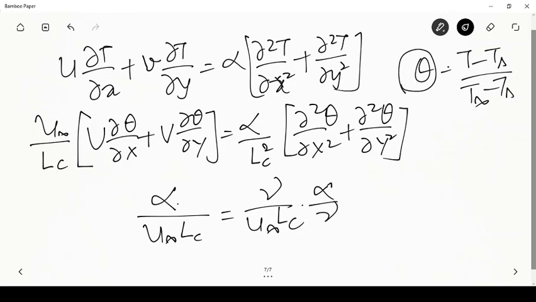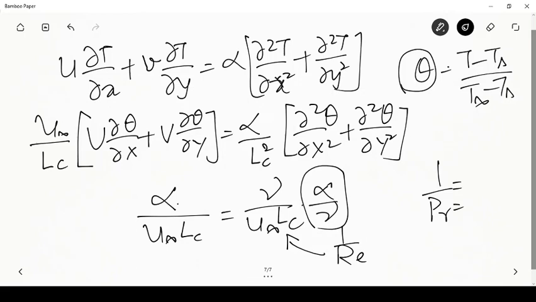Now this is nothing but your 1 over Re that we just wrote, and this term alpha by nu is actually 1 over Prandtl number, where the Prandtl number itself is defined as nu by alpha. So this 1 by Prandtl number is nothing but alpha by nu. So this will be 1 over Re and 1 over Pr.